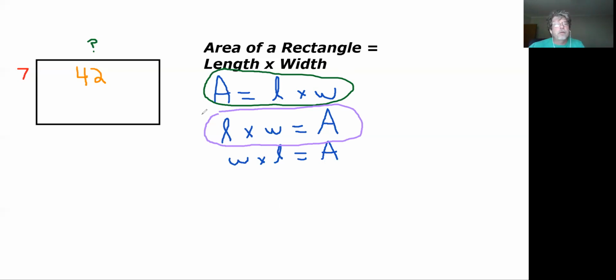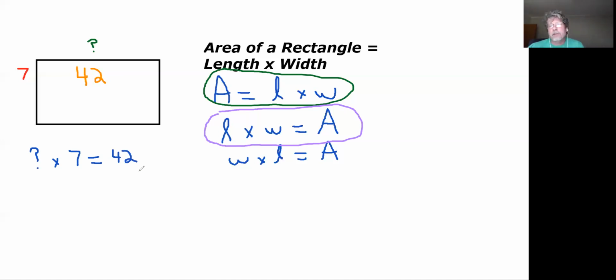So if we come to our problem, as far as the solution goes, we can see this as the length, which we don't know, times the width, which we do know is 7, has to equal 42. So we have a problem that looks like that.